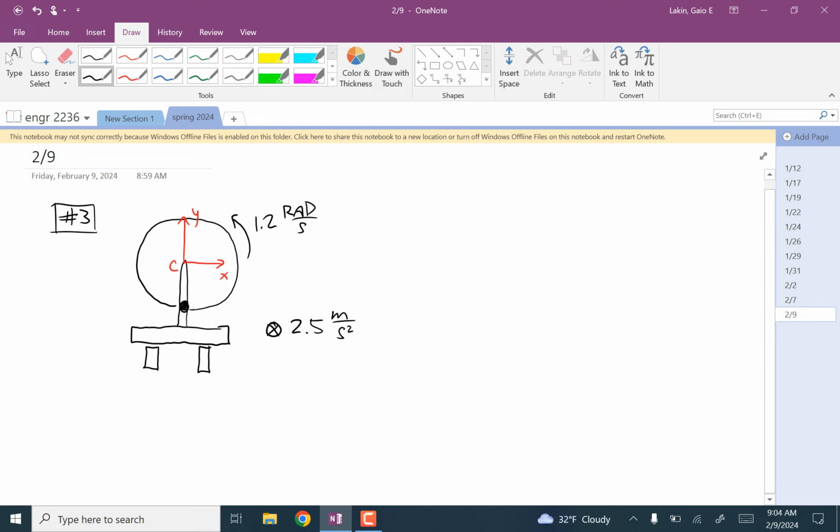But if you use that with Newton's second law, you get an incorrect net force because you also have to take into account the acceleration of that coordinate system C. So what you really want to use is a coordinate system G that's fixed to the ground. Let's say this is the passenger P. The acceleration of the passenger relative to the ground is equal to the acceleration of the passenger relative to the center of the circle plus the acceleration of the center of the circle relative to the ground.